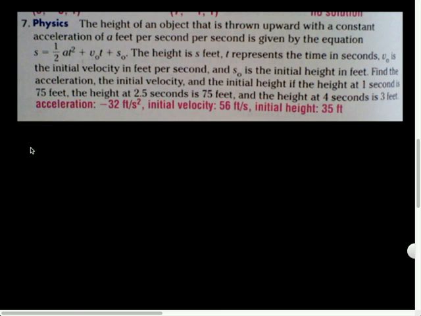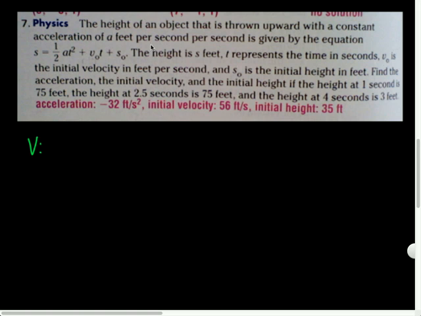Let's just start by figuring out, all right, we've got to find our variables, right? So our variables are likely related to, well, actually, maybe we will have to read this. I'll read it. The height of an object thrown upward with a constant acceleration of a feet per second squared is given by the equation blah.